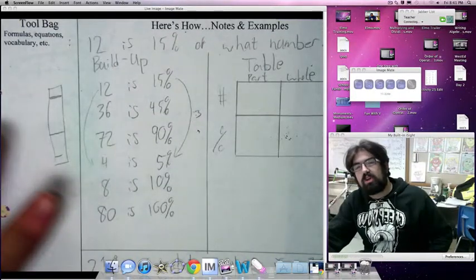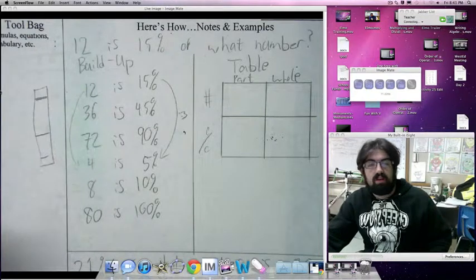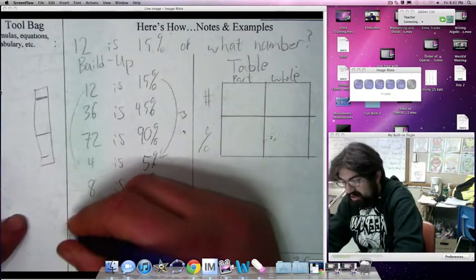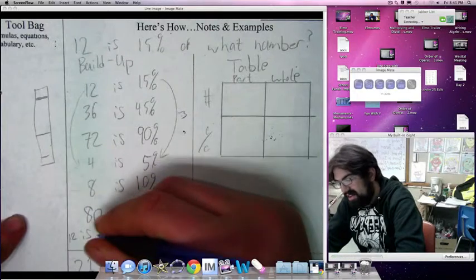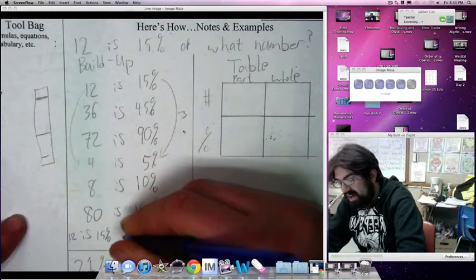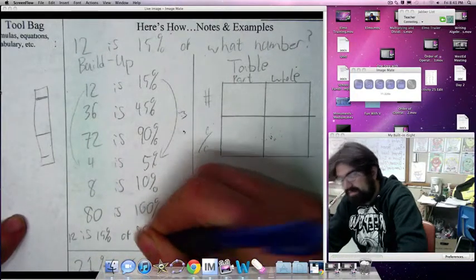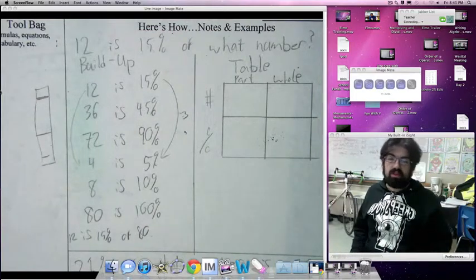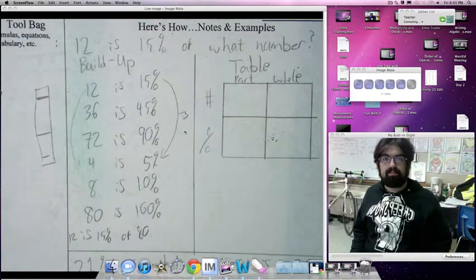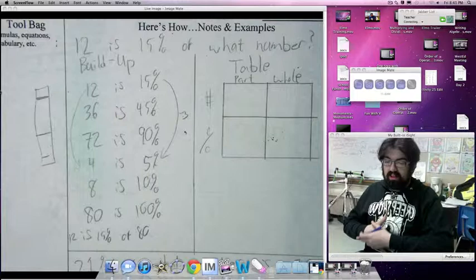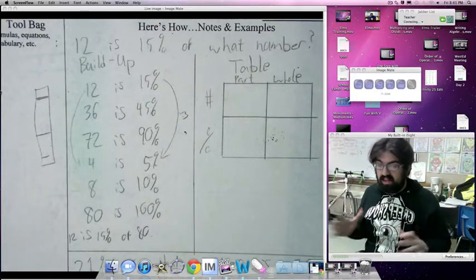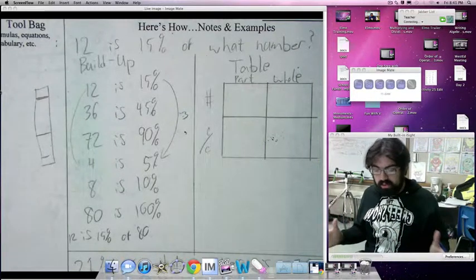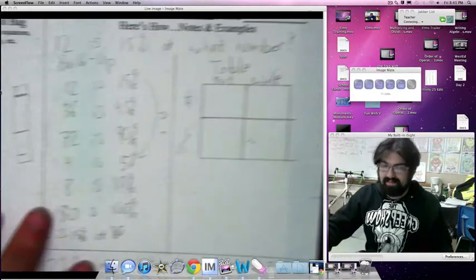The question is asking, 12 is 15% of what number? It's basically fill in the blank. 12 is 15% of 80. Done. So that's the idea, and I just love the build-up. It's a really, really neat way of doing it, I think.